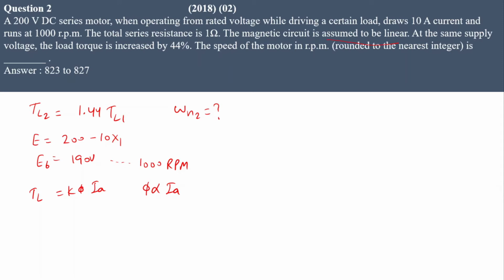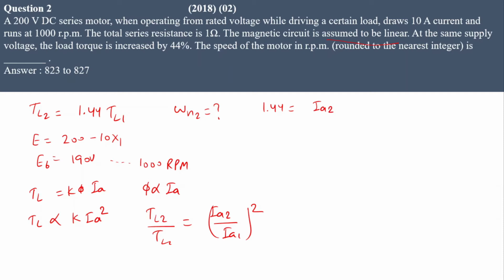Okay, so you can say T is directly proportional to K Ia whole square. So from this relationship you know TL2 by TL1, so you can find out the relationship between Ia2 by Ia1 whole square. So TL2 by TL1 equal to 1.44, Ia2 you don't know.